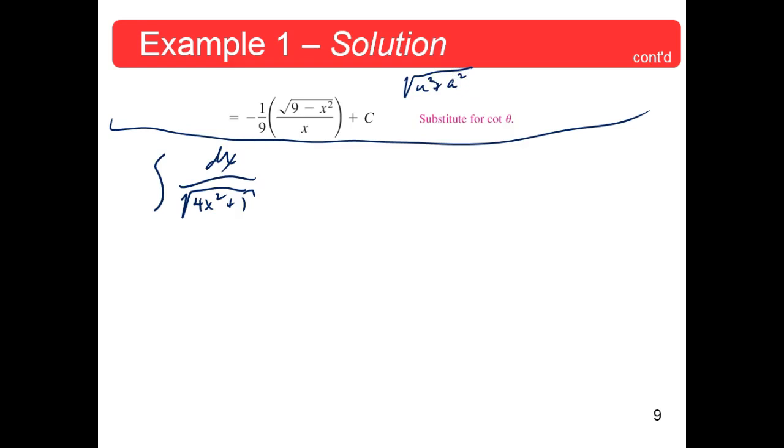That's going to be 1, so I'll just immediately say a is equal to 1. But what would your u squared be then? If u squared is equal to 4x squared, what would u be? 2x, exactly. 2x, because when you square it, you get 4x squared.